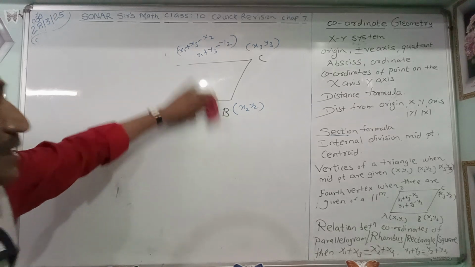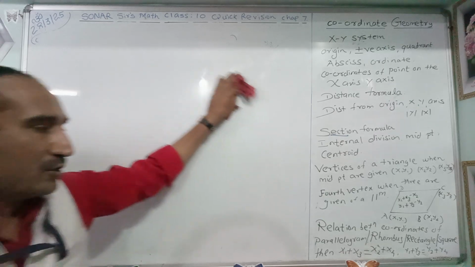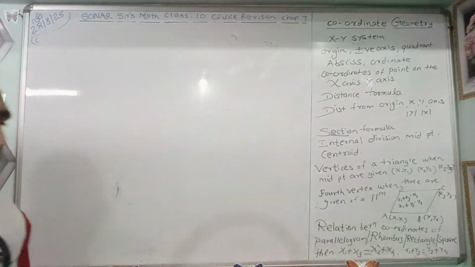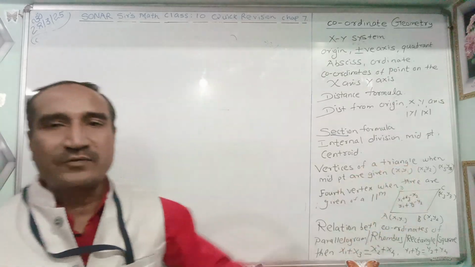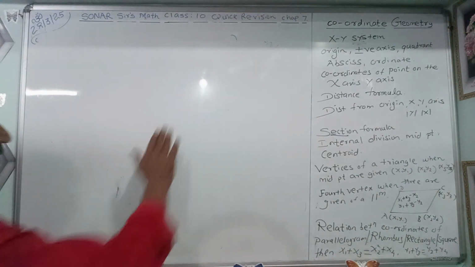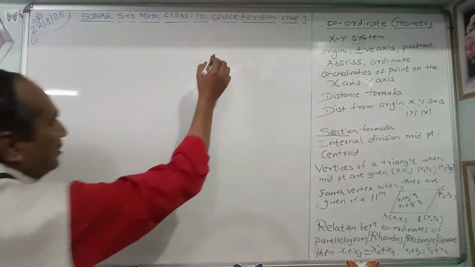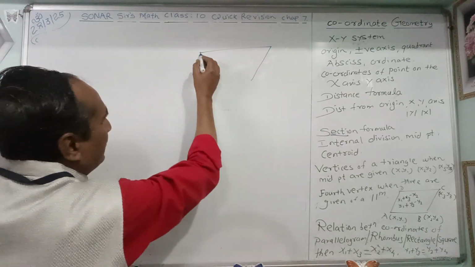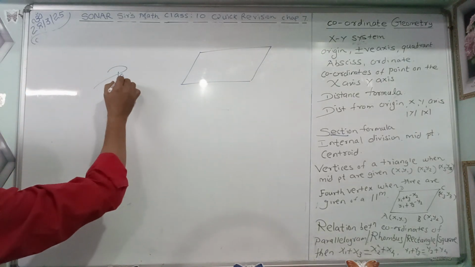Now let's discuss the last topic, that is the relation between the coordinates of a parallelogram, rhombus, rectangle and square. Let's first draw the diagram with the differences. Just now we discussed this one, the parallelogram, where opposite sides are parallel and equal.